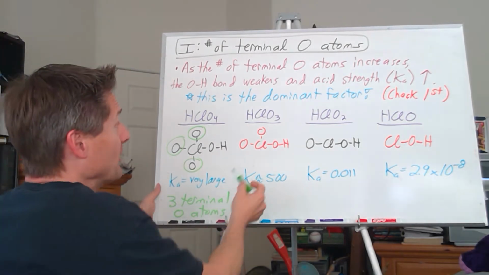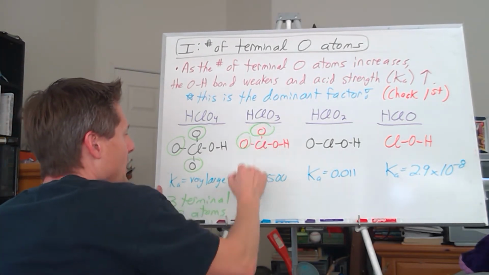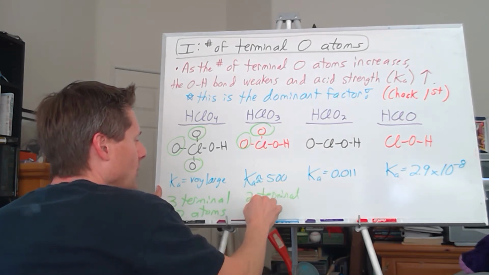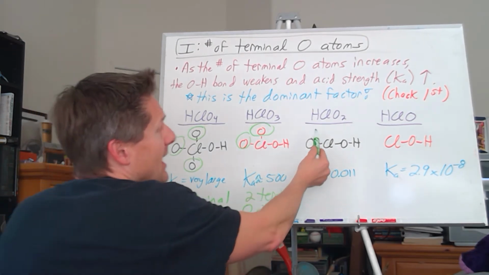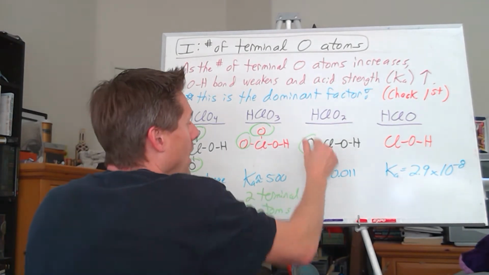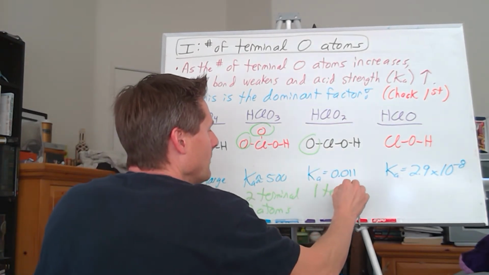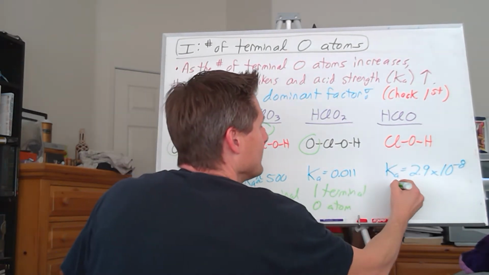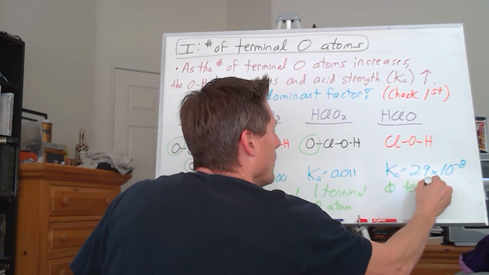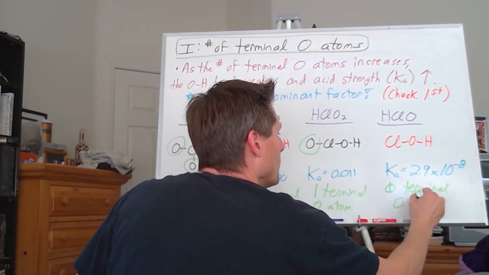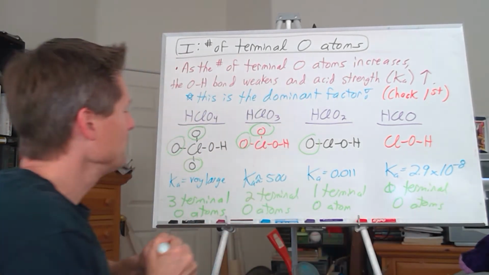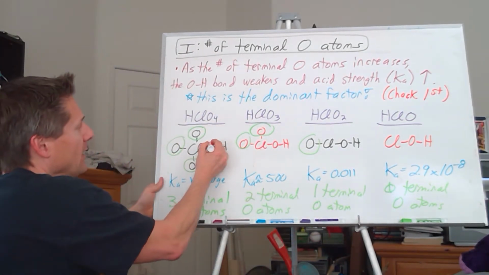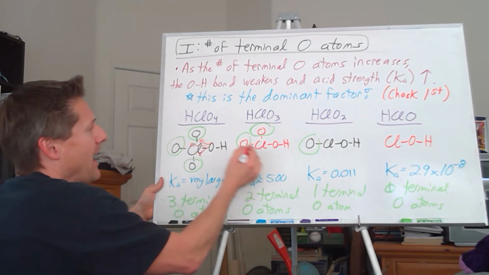It doesn't end with oxygen. So HClO3 has 2 terminal oxygen atoms. HClO2 has 1 terminal oxygen atom. And HClO has 0 terminal oxygen atoms.